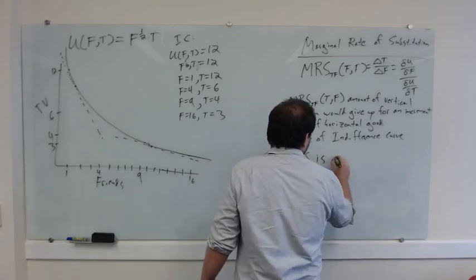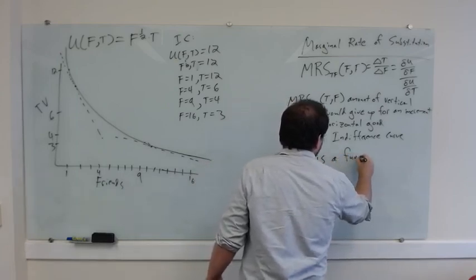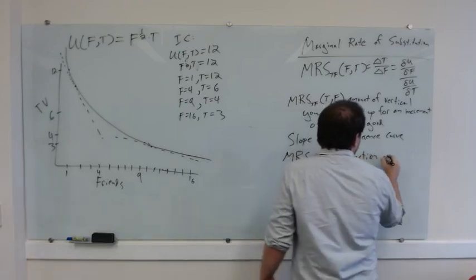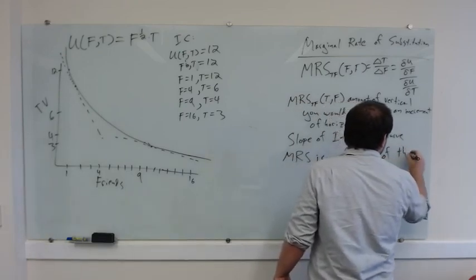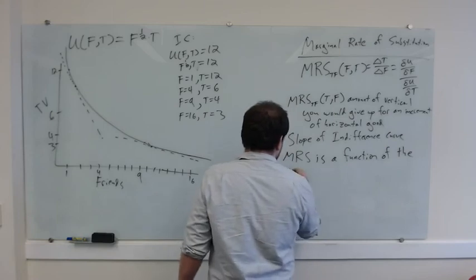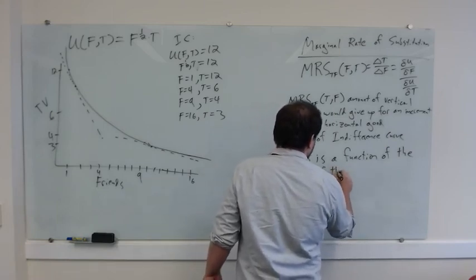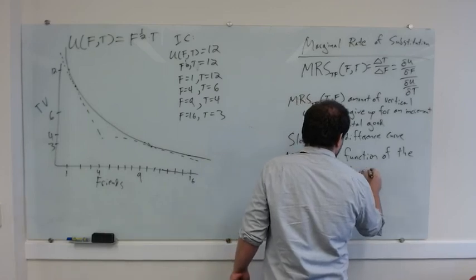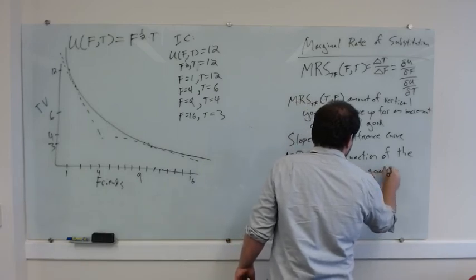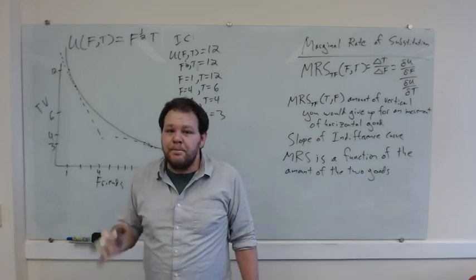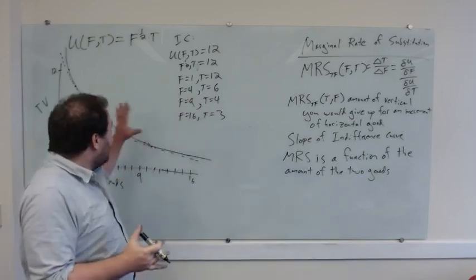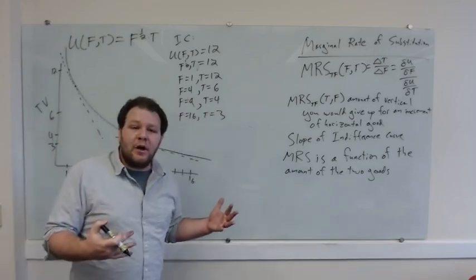Last thing to remember is the MRS is a function of the amount of the two goods. So you don't want to think, I calculate the MRS, I get a number, that number is always true.